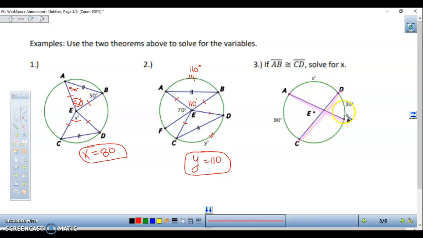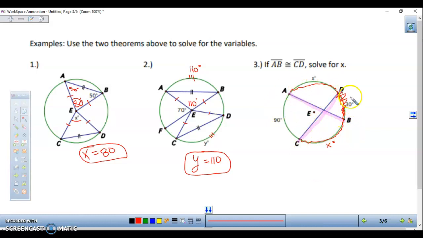And because they share 30 and they overlap 30, I could deduce that x would be the same as arc CB. So in this specific case, because this arc from C to D has to be congruent to this arc from A to B, and this part overlaps, these two arcs, AD and CB, could both be represented by the same variable, x.